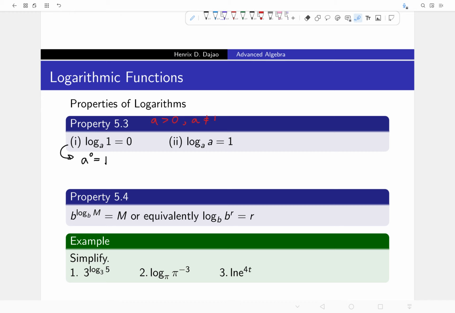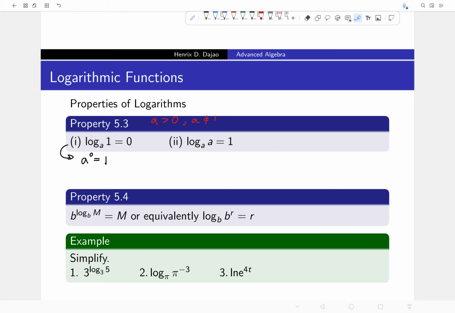Yes, indeed, this one is true whenever our a is not 0. So, of course, a is not 0. Since this one is true, therefore this one is also true by definition of our logarithms. Meaning, for the logarithm of 1 with base a, that's always equal to 0.